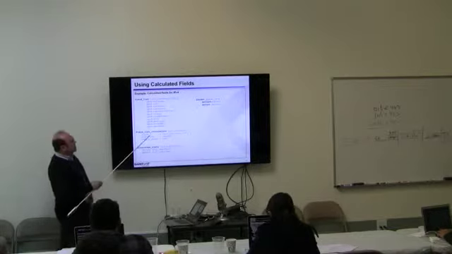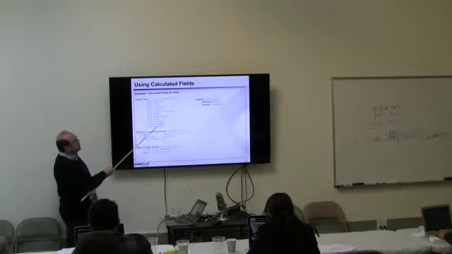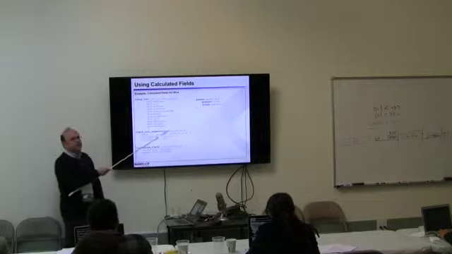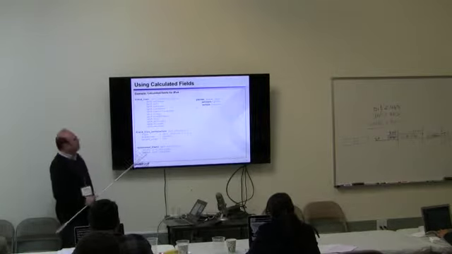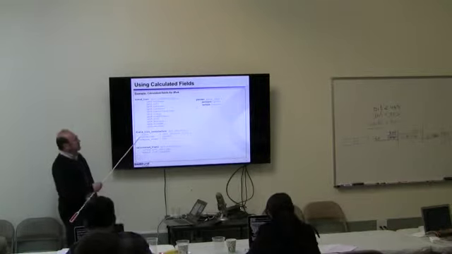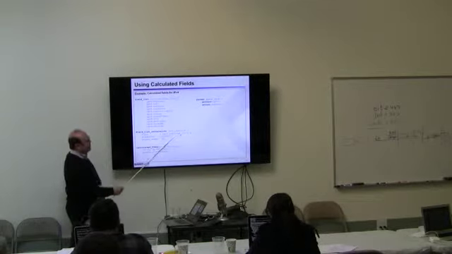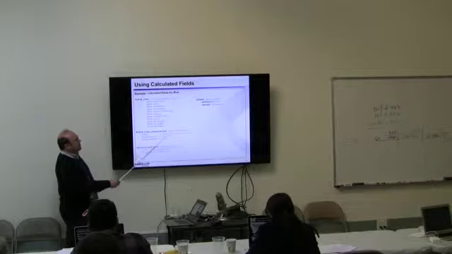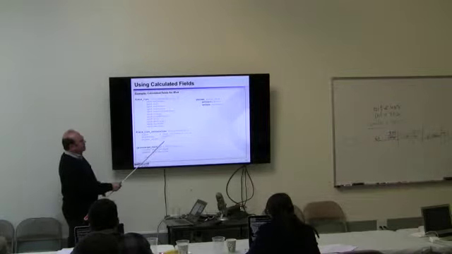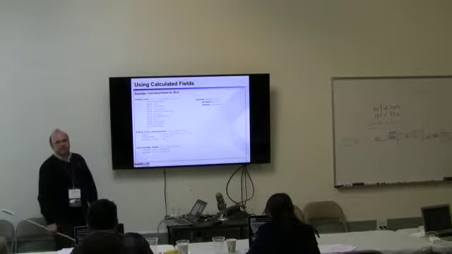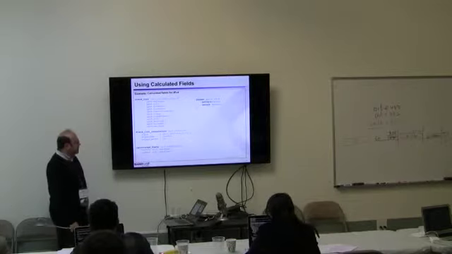We specify the list of fields that are supposed to participate in the checksum calculation, and then we specify the calculation. This is the list of fields that need to be checksummed, that's the algorithm, and that's the output width, so the checksum is 16 bits wide.